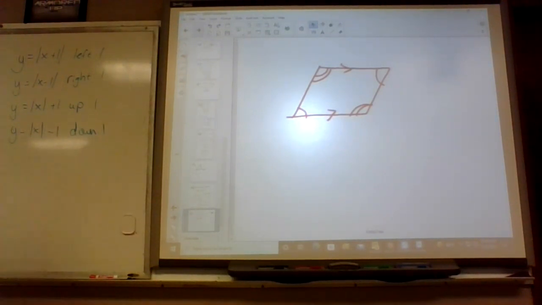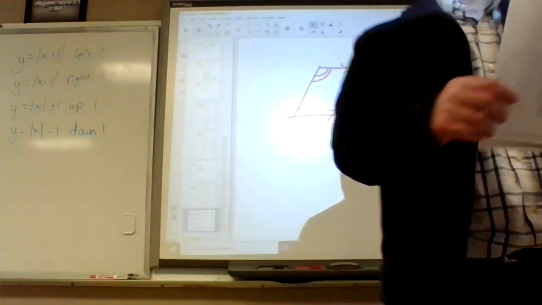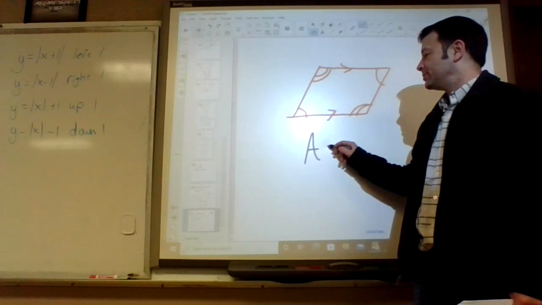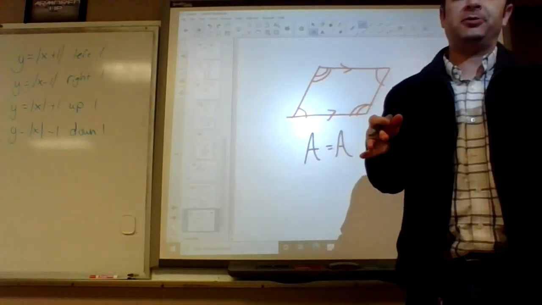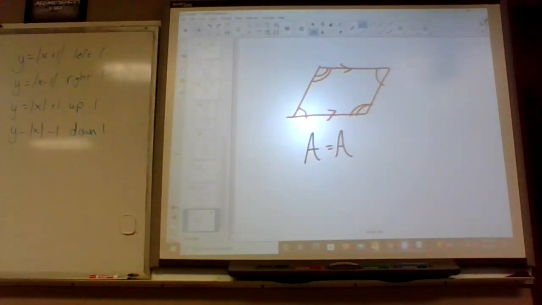Okay, 10, I don't really like 10, but we'll talk a little bit about it. Does anybody remember what reflexive property was? It reflects. A equals A. You can just write that down. We're not going to do all the directions. That was a property of equality or equivalence relation.